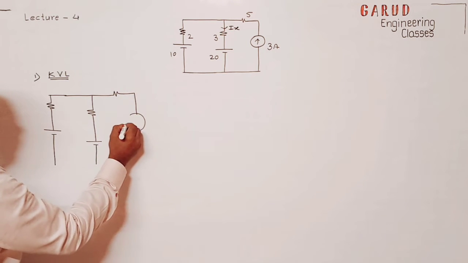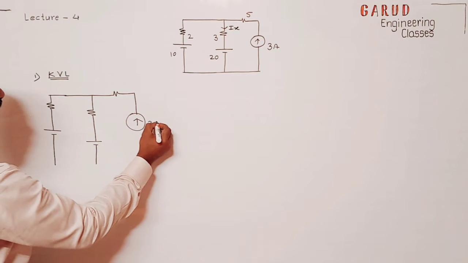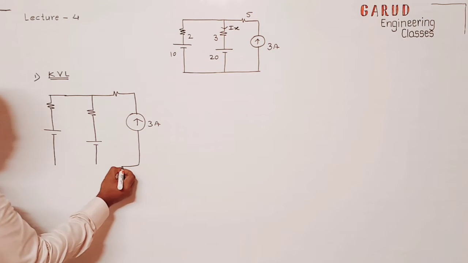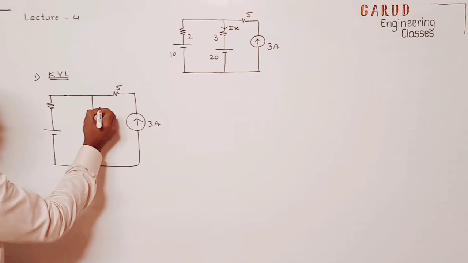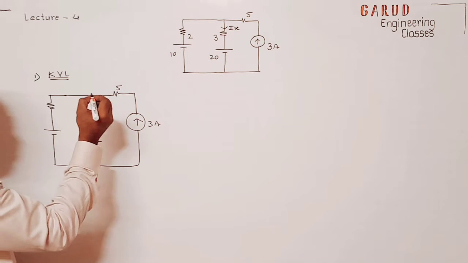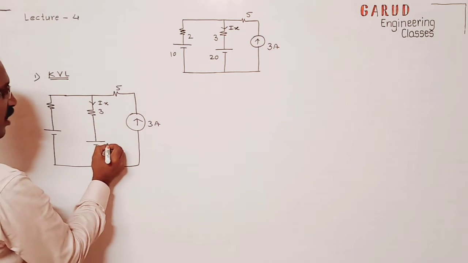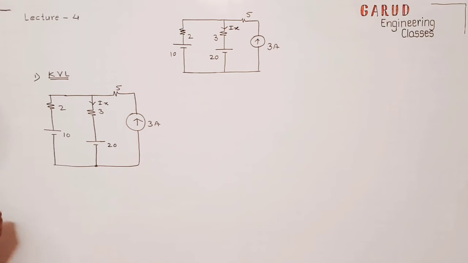This particular resistor is redundant because it is in series with the current source. A resistance in series with a current source can be replaced with a short circuit. But if you can't understand that it is redundant, you can neglect it, no problem. That will not affect our answer.